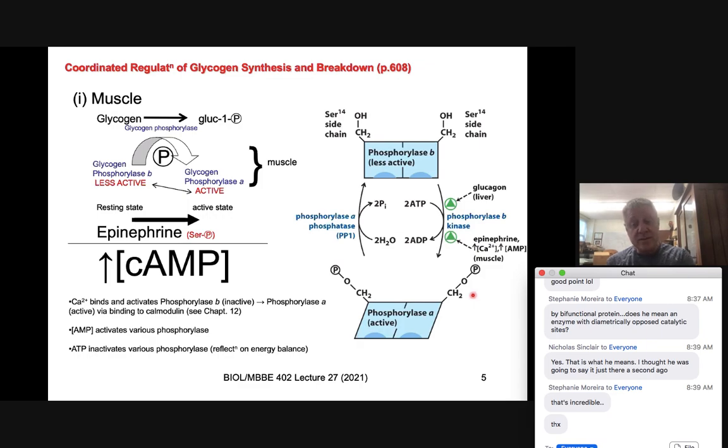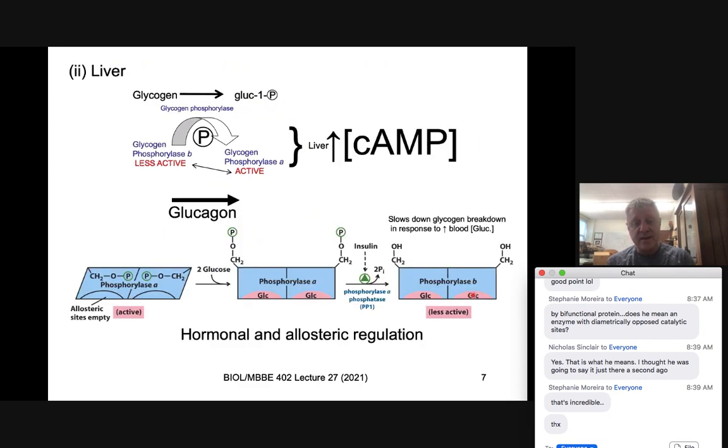But we're dealing with a different system now, a combined hormonal and allosteric regulation. Here we have glucagon playing its role, and we have phosphorylase A switching to become the active form. Here's the active form, to regress back to the less active form, it's a little bit in the opposite direction.